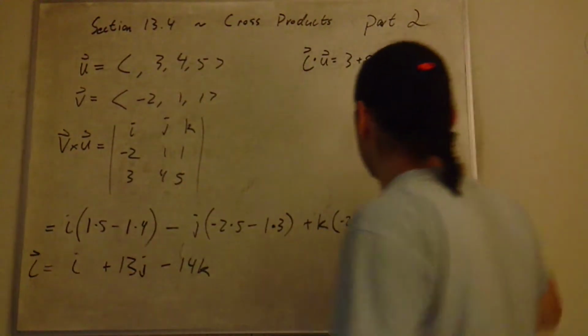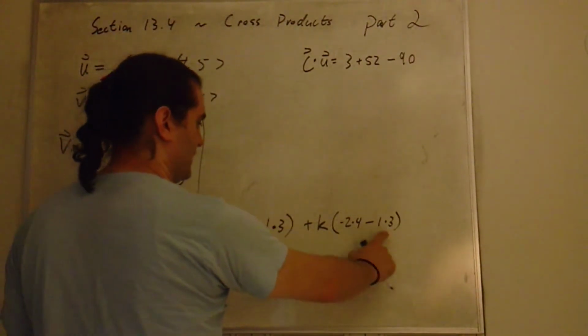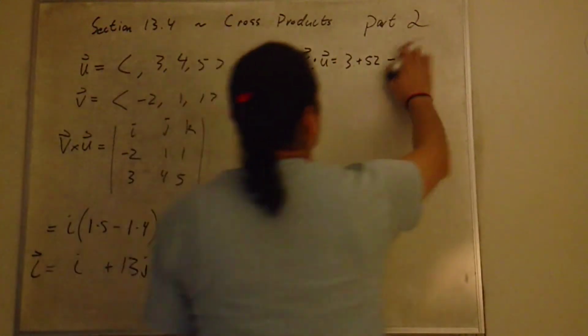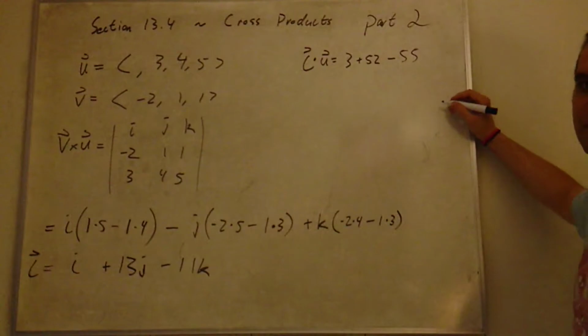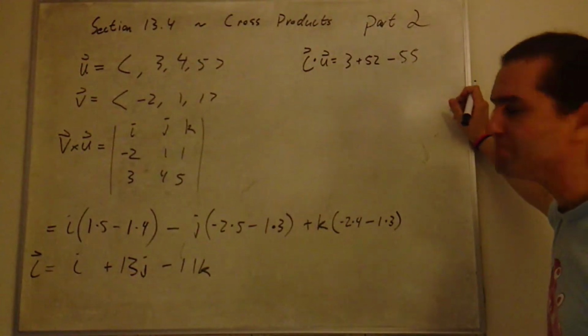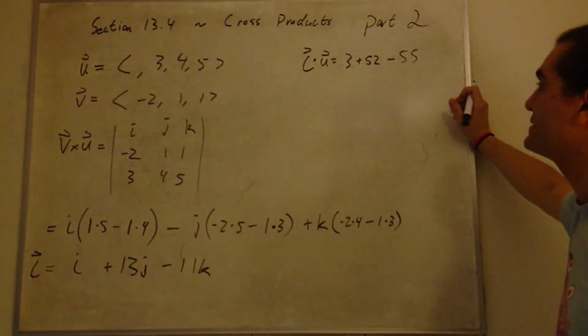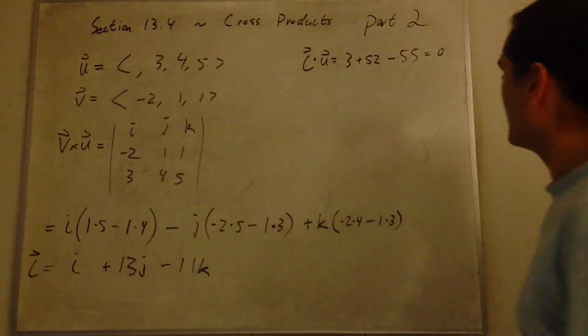Oh, this shouldn't be a 14. I thought that was a 6. That was foolish. 8. This should be an 11. Which is 55. There we go. Ah, we got there. It's a good thing I have you to watch me to keep me honest, or I would just be making mistakes constantly. This is in fact 0.